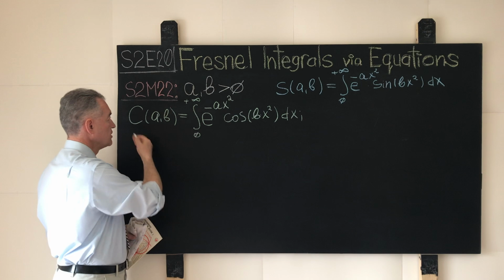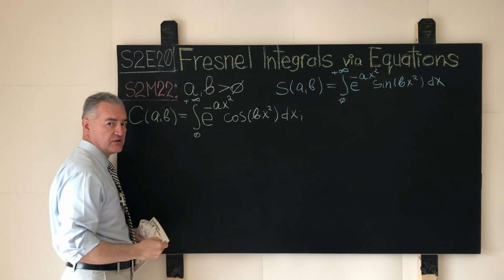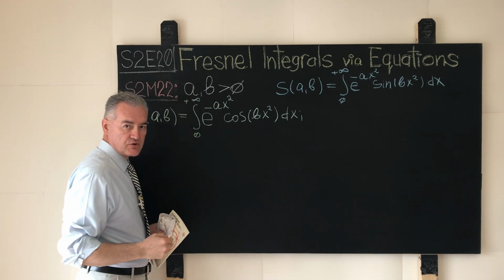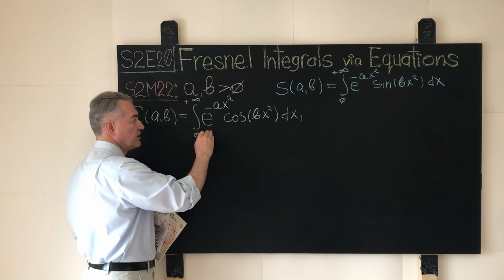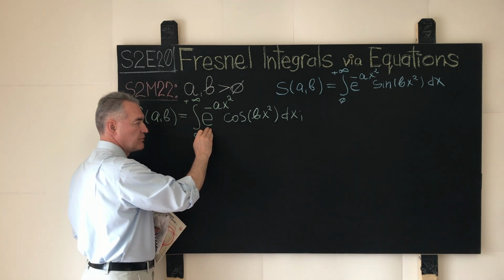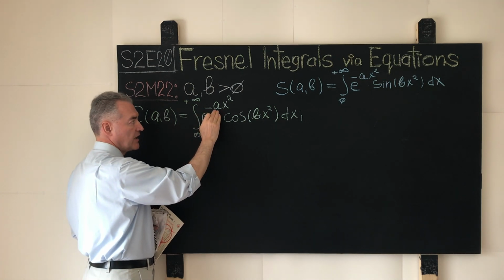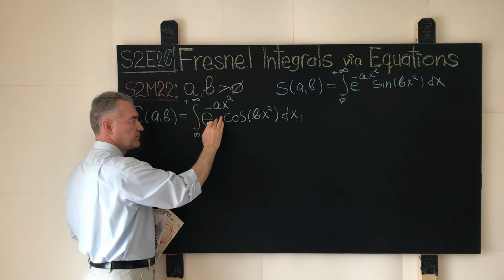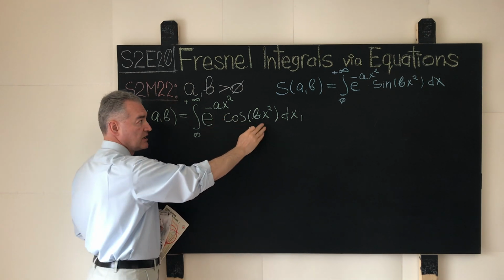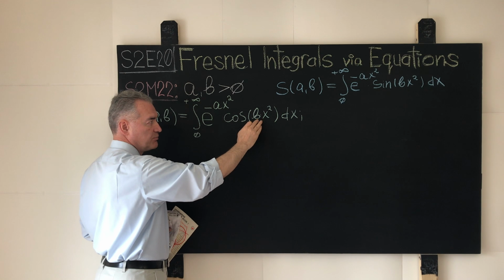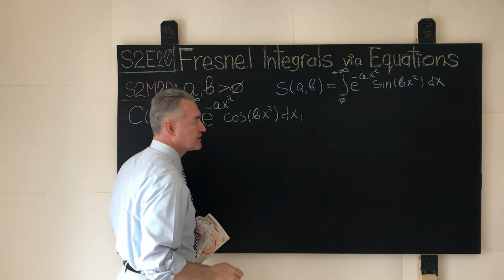The function c of a and b is the integral from 0 to positive infinity, over the positive branch of the x-axis, of the integrand that looks as follows: the base of the natural logarithm e raised to the power negative a x squared, multiplied by the trigonometric function cosine evaluated at the argument b times x squared, and the whole thing is integrated over x.